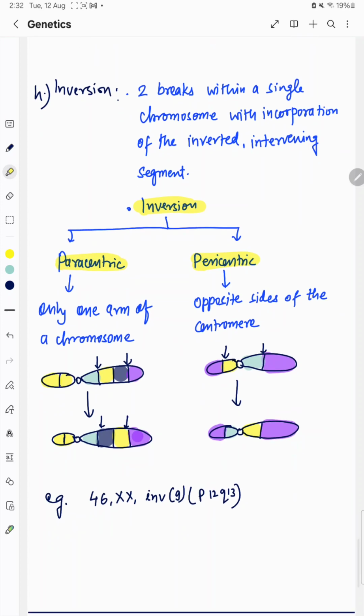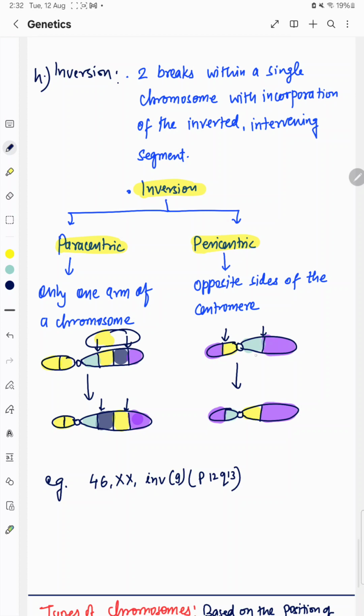In paracentric inversion, only one arm of the chromosome is involved, like this segment of the chromosome, which is inverted. And in pericentric inversion, both sides of the centromere are involved, like this segment which is inverted.